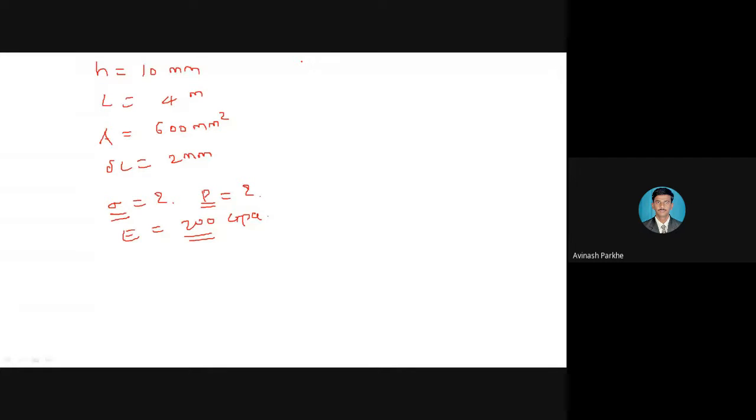By using the deformation, we have the direct formula. Delta L is equal to sigma L upon E, because deformation is given in the statement. Use the deformation formula directly and then find out the unknown parameters.